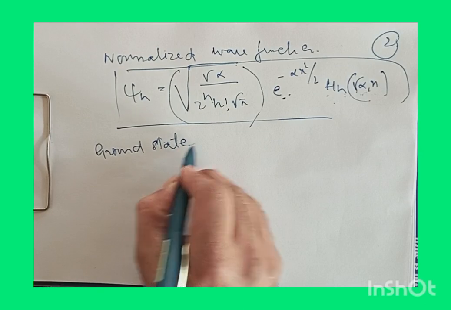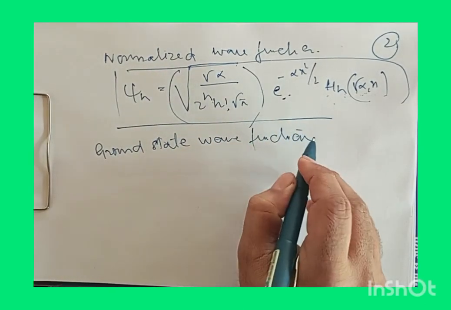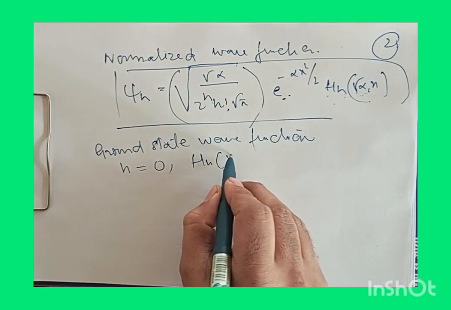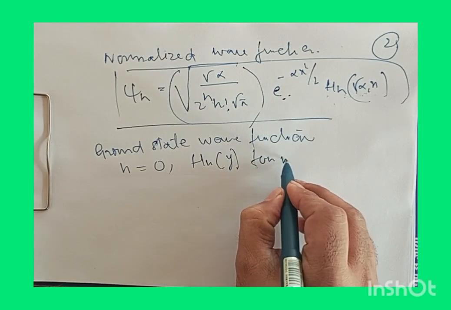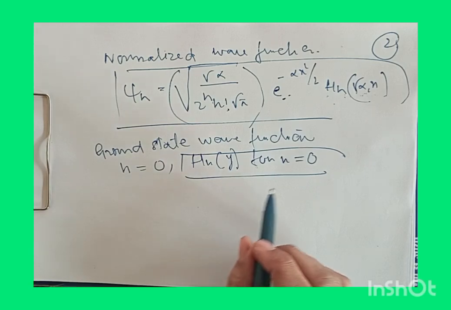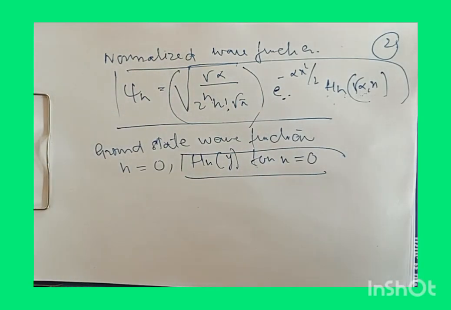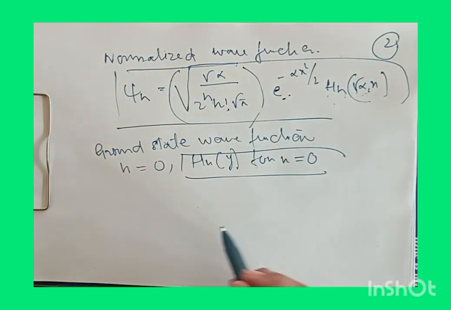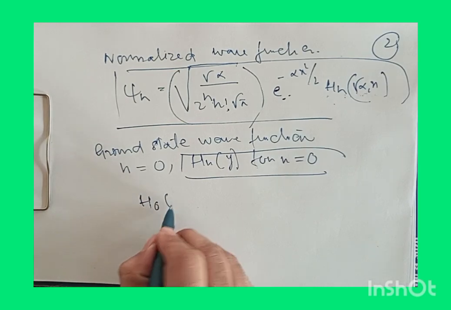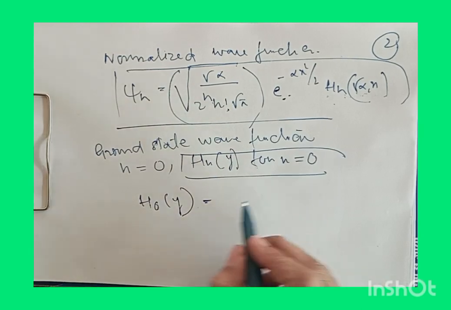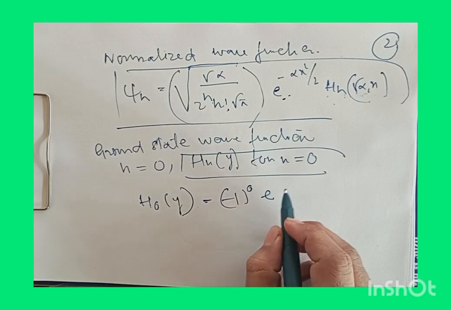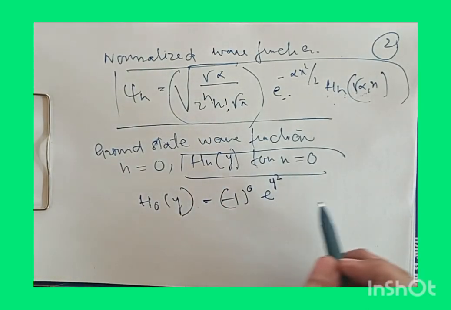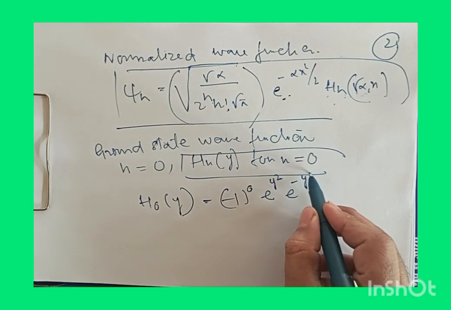We would like to have the ground state wave function, and for the ground state, n is equal to 0, and we need Hn of y for n equal to 0. From the generating function, H0 of y is (minus 1) raised to the power 0, then e to the power of y squared, and since n is equal to 0, the same e to the power of minus y squared.